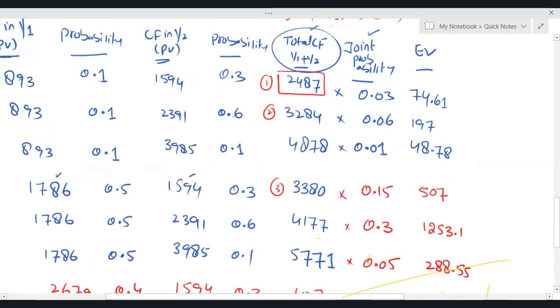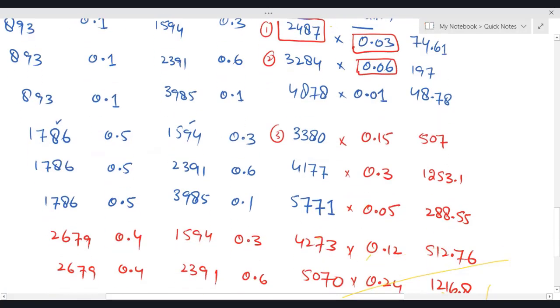Now listen, what is the probability that NPV will be negative? We have to add the probabilities of these three outcomes. Joint probability 0.03, 0.06, and 0.15. 0.03 plus 0.06 makes 0.09.